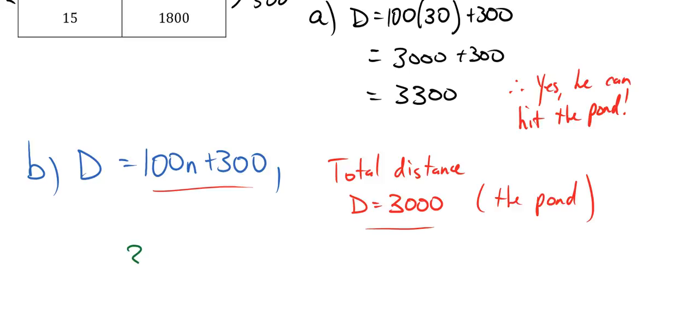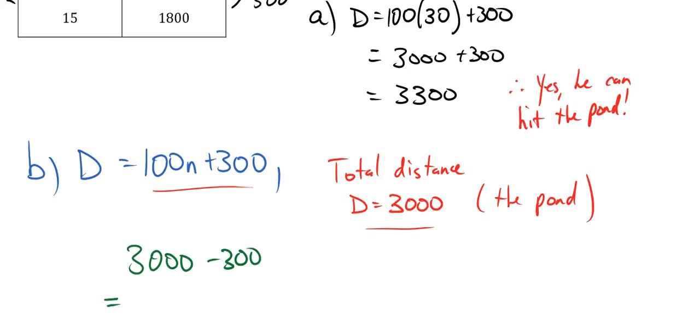So if I do 3,000 minus 300, what does that give me? 3,300 is the furthest that I can shoot it. Yeah, but that doesn't have anything to do with the pond. It's 3,000, so you minus 300 from that.